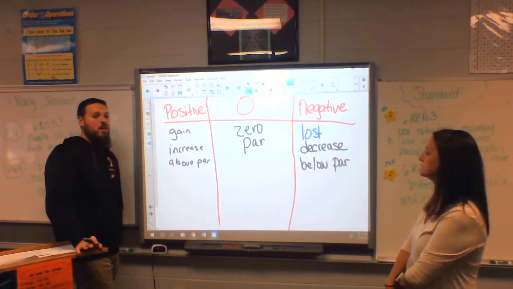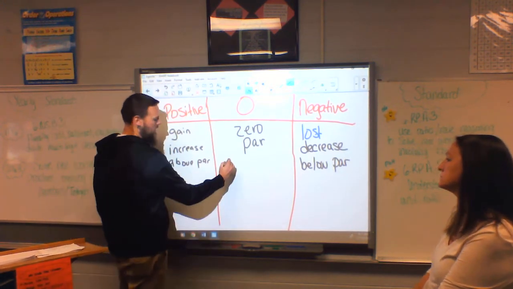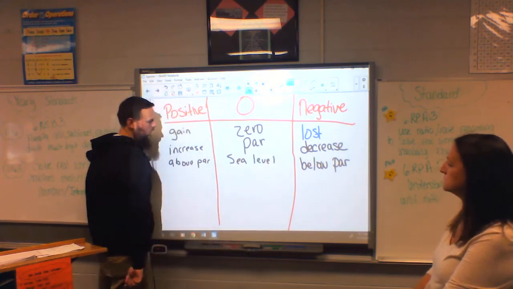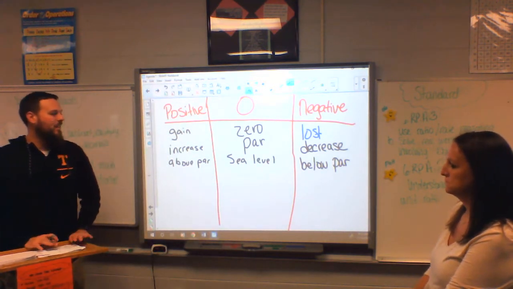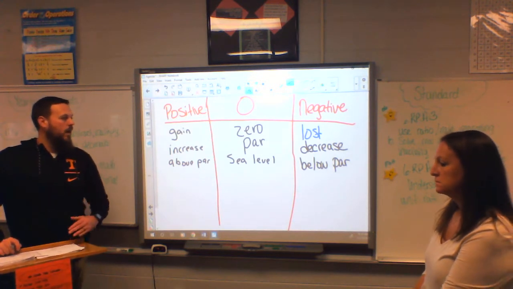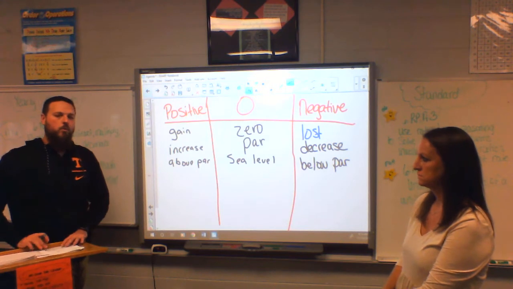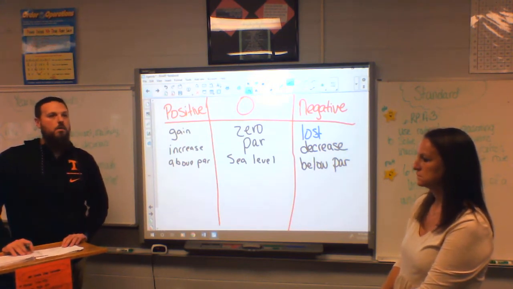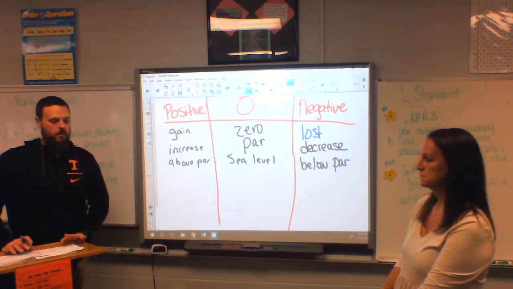Another one that you'll see a lot in the zeros is sea level. If you're at sea level, that means you're at 0. Everywhere you are in the world, it's either above or below sea level. If you're standing at the ocean, the top of the water is sea level. That is the 0 that they go off of.